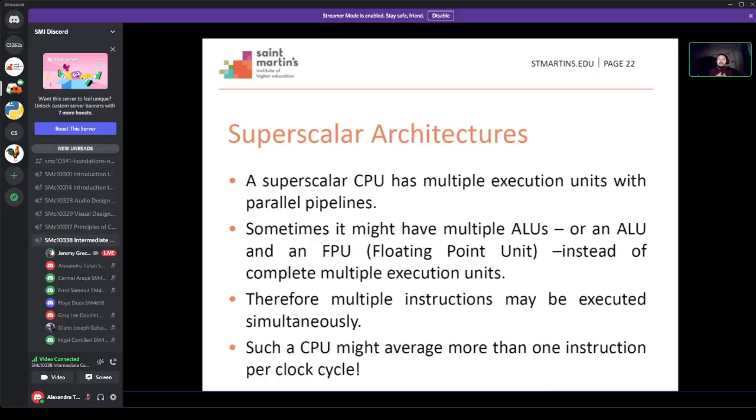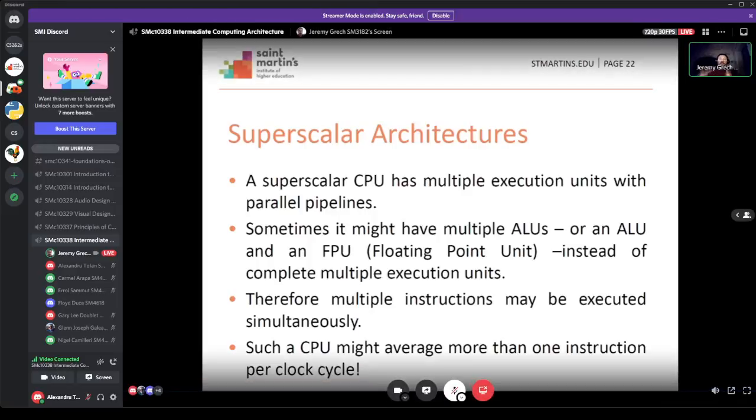So essentially, with such architecture, you're going to average more than one instruction completed per clock cycle. Obviously, the more cores you have, the more probability you have of calculating multiple instructions per clock cycle, because you'll have multiple pipelines.